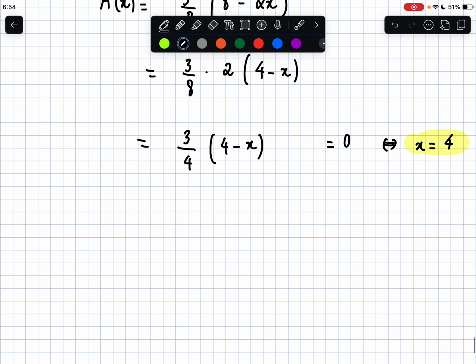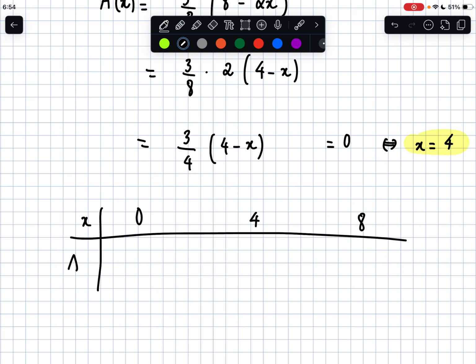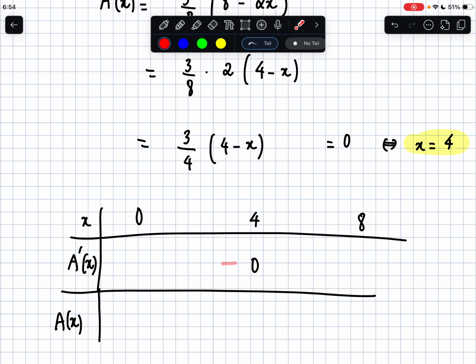Now we have the table. x between 0 and 8, and 4 is a critical point. A prime of x equals 0 here. The sign of A prime agrees with the sign of 4 minus x. For x less than 4, 4 minus x is positive. For x bigger than 4, 4 minus x is negative.